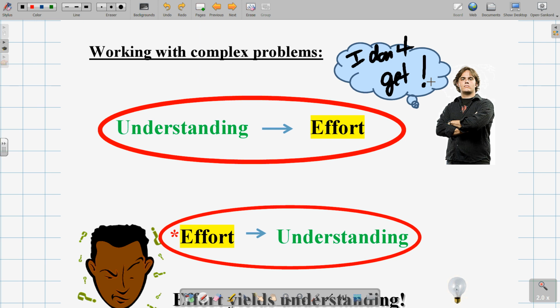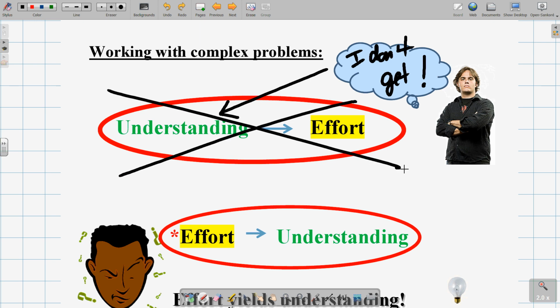Most of you think you have to understand first and then you apply effort. That is not true. That's why many of you, when you hit that I don't get it in about 10 seconds, you stop, because you think, oh, I have to understand the problem before I do any effort.